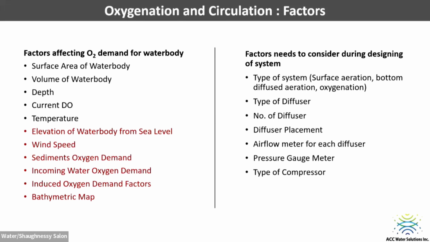Type of diffuser: there are 100 types of diffuser available. Do you want to pay more upfront and not do maintenance, or do you just want to replace your diffuser every 5 years? So the type of diffuser, number of diffusers, placement, airflow meter for each diffuser, pressure gauge meter, and type of compressor.